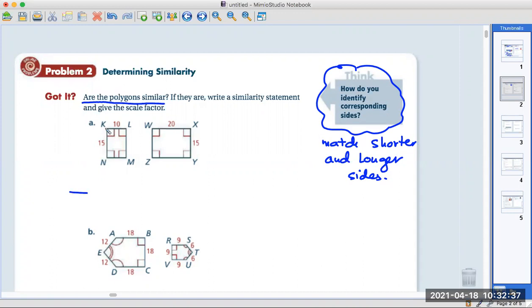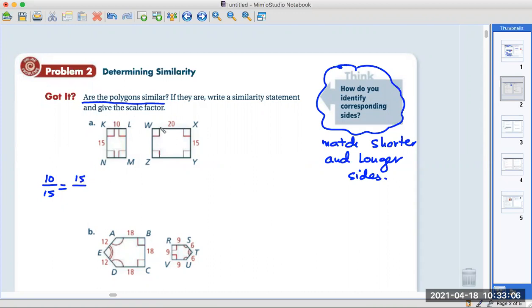So I'll start with the first one, and I'm going to write my first ratio. It looks like, because this is short and this is short, that this side, 10, goes with the 15. Actually, I'm going to leave myself room. There's going to be some information here. So I'll start over here. And then that should equal, going back to the original one, I'm looking for the long side, 15.